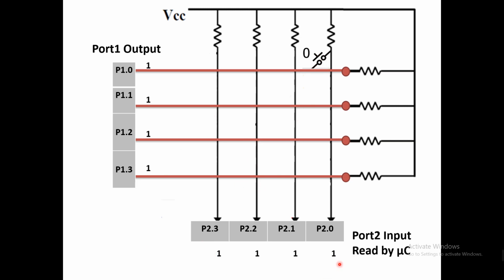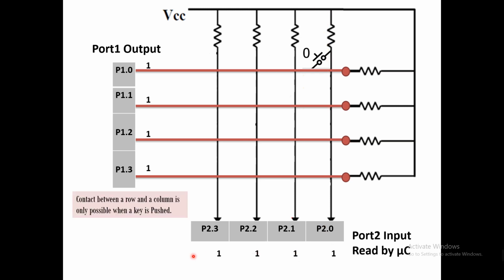Again we will read value 1. Why? Because the switch is installed but not pushed, so it has no connection with the column or with the row. This one is directly having the supply voltage, so this value will be 1. Similarly, this will also be 1 1 1 1.